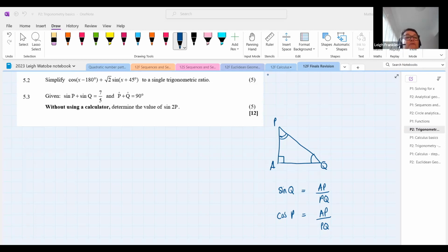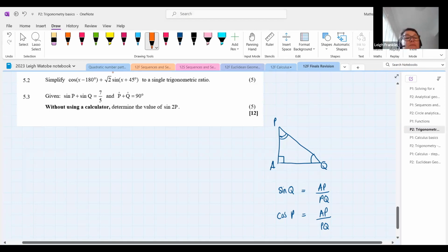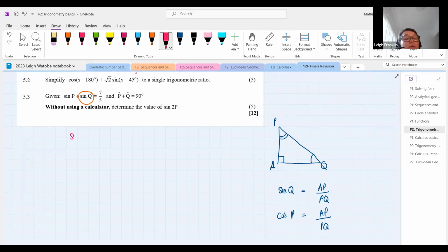Right, so the first thing that we need to deduce here in order to solve this problem is that we can write the sine of Q as the cos of angle P, and that is because they are co-functions. Okay, that is the key to solving this particular problem.